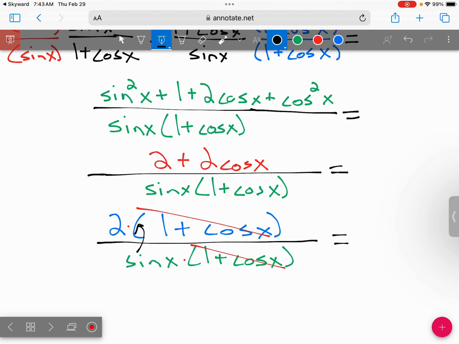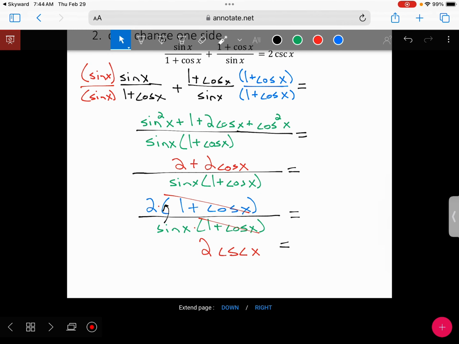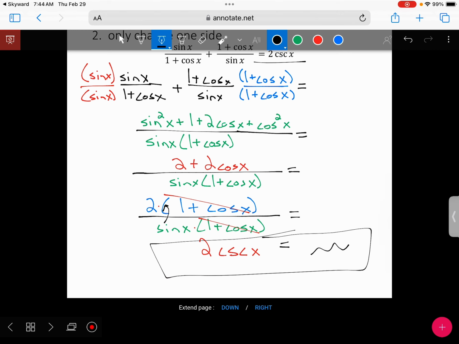What happens when we get trig out of the basement? Yep, it turns into its sister. So here, we can rewrite 2 over sine x as 2 cosecant x. Lo and behold, we have our answer. We are good. You would just rewrite that down there, circle it, and say we verified.